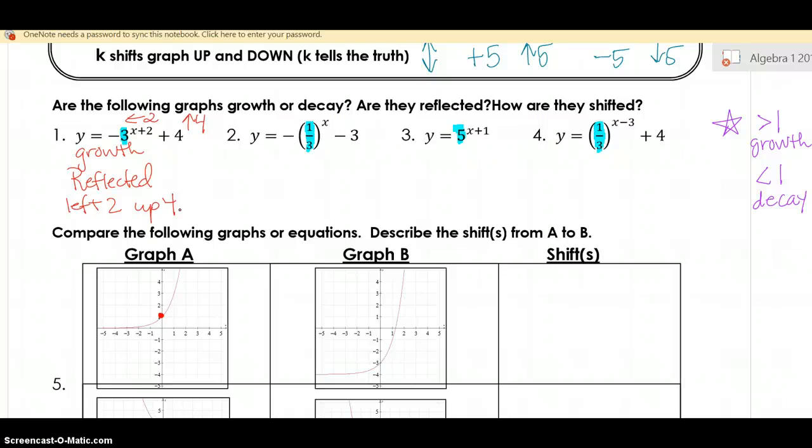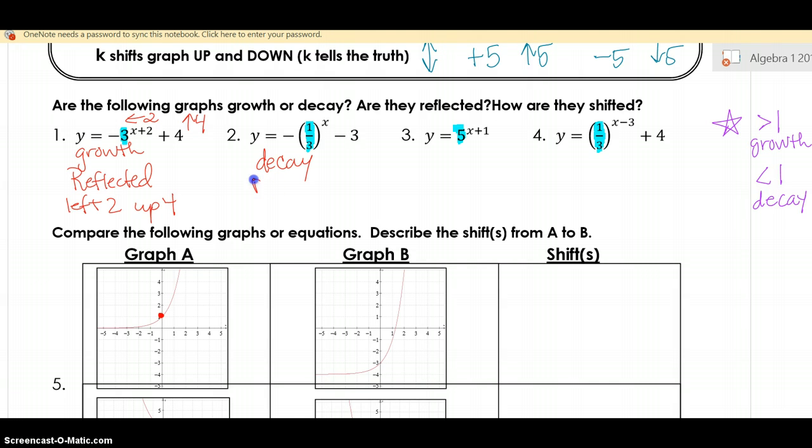Number 2. Growth or decay? Decay, why? That's right. The 1/3 is less than 1. I don't care about the negative out front. I'm just worried about the actual numerical value of that base. Reflected or not? Yes.